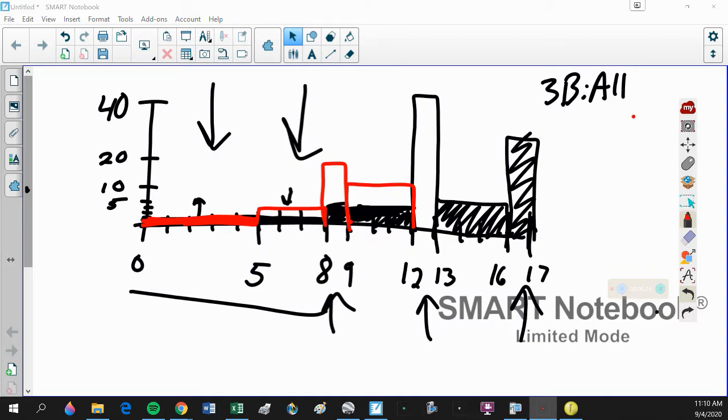And then 31. 11 divided by 3 is almost 4. And 11 divided by 1 is 11. So what do you notice about those from 1970 to 1991?